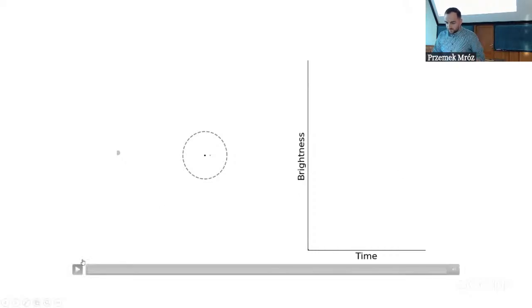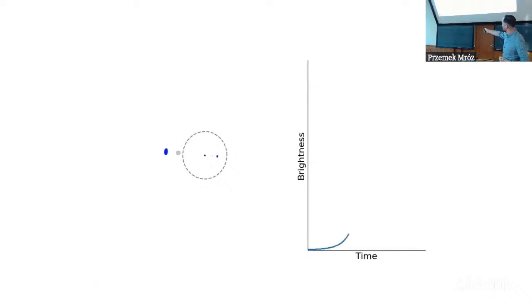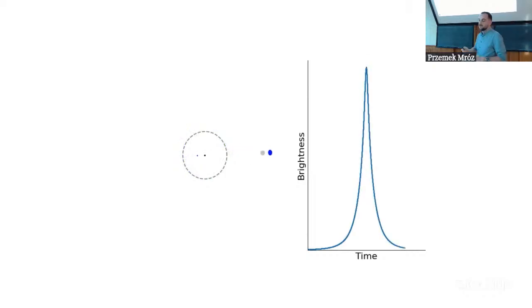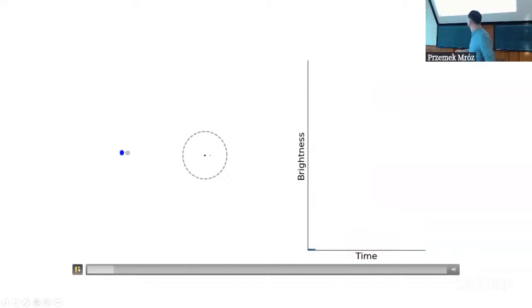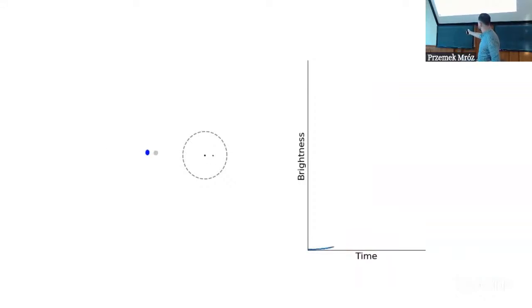This animation shows what happens during microlensing. Here we have the lens in the center, and the gray dot is the source that is moving relative to the lens. We don't see the source. We see its two images that are shown here in blue.